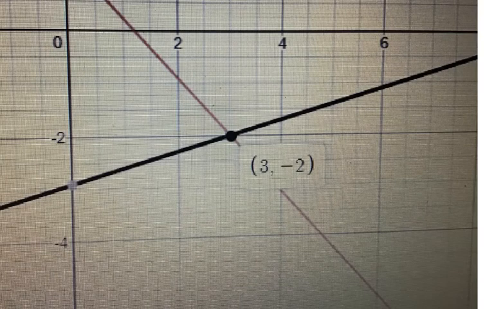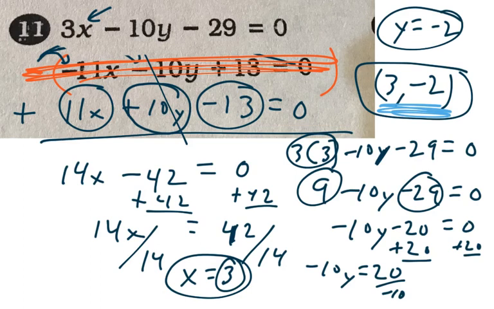If we were to actually look at the graphs of these lines, notice they cross or intersect right there at 3, negative 2. And that's ultimately what we're doing with this algebra. By using the elimination method, guys, we're able to find solutions actually much more accurately and sometimes more quickly than we could graphing the lines.